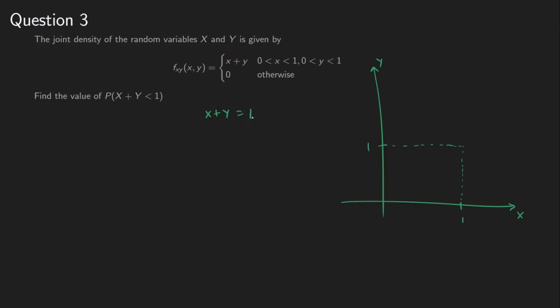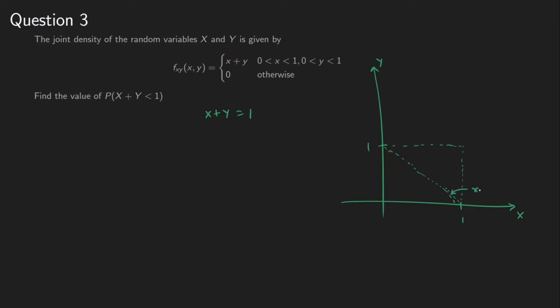x plus y equal to 1 will be this line. It will clearly be a line. Okay, it's not quite a line, but reasonably good. So this is the line x plus y equal to 1, and we have to find the probability that it will be less than 1.